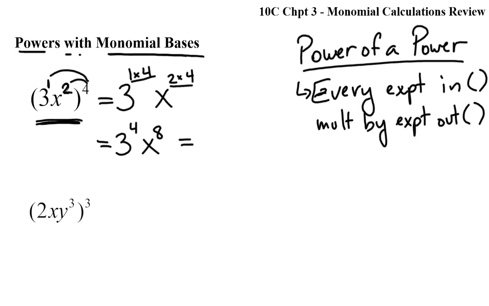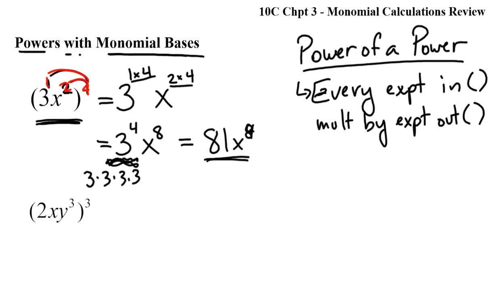Last thing though, if you have a power that can be calculated, you should always do it. 3 exponent 4 is 81, x to the 8. There's your simplified power. Every exponent in the brackets has to multiply by the exponent outside.